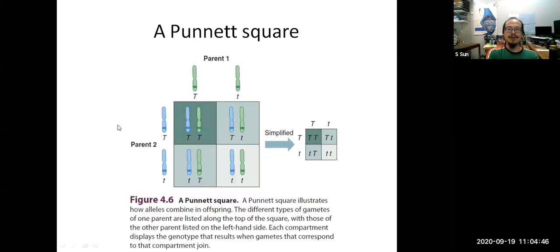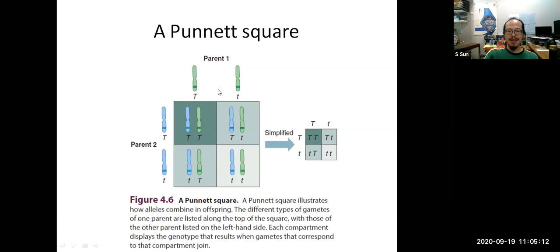To get the frequency of one phenotype, the way to do it is to use this kind of square. It's called a Punnett square. We did it before, right?